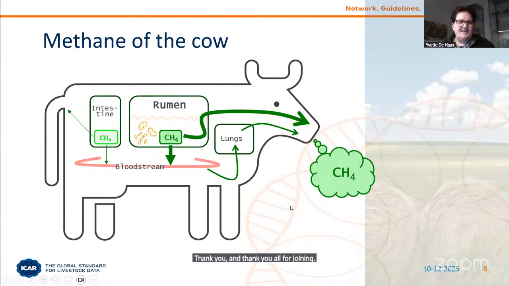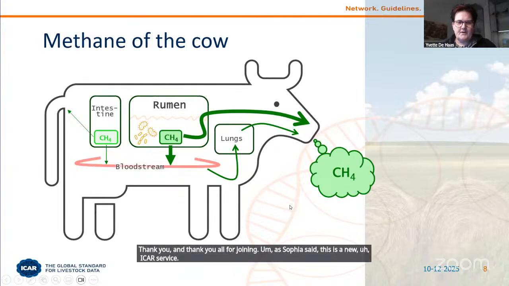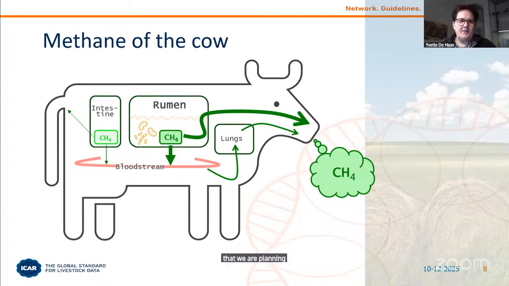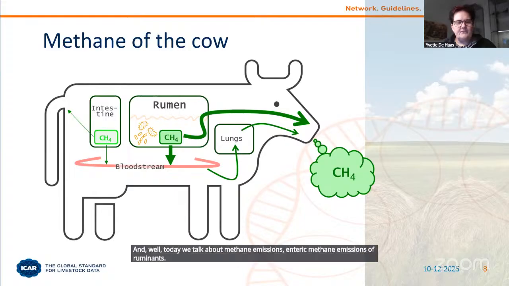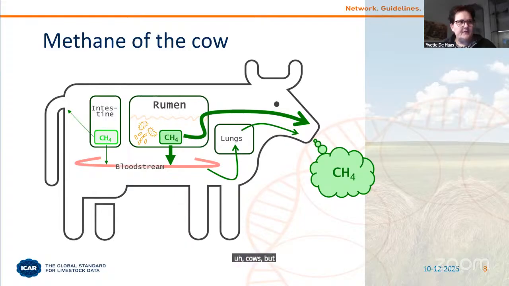As Sylvia said, this is a new ICAR service that we are planning, or that we are setting up at the moment. And well, today we talk about methane emissions, enteric methane emissions of ruminants, cows, but it can also be sheep or goats even.